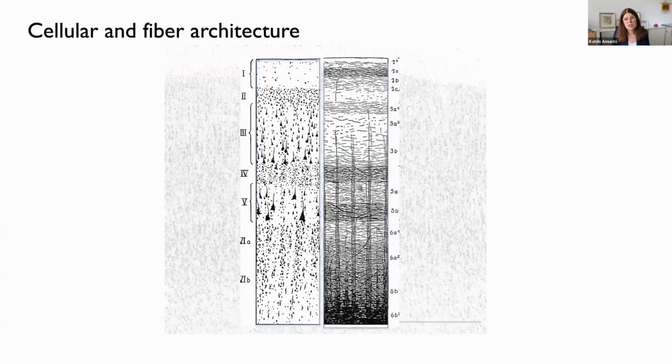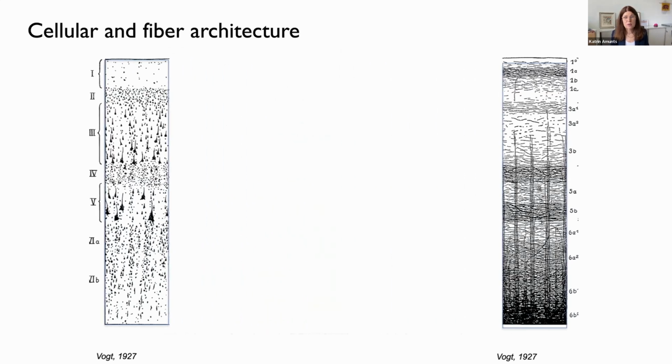And Vogt published this very famous picture where on the left hand he shows the cytoarchitecture with the different cortical layers, and on the right hand he shows the myeloarchitecture, also with cortical layers that map to cytoarchitectonic layers, but nevertheless have a certain independence, and they are also named in a different way. So you can map these two aspects to each other, but both aspects contain different types of information.